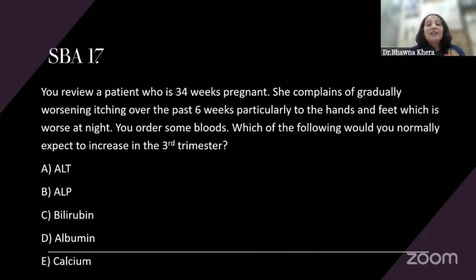But no, that's the trick here. If you read the question at the end, it is not about obstetric cholestasis or anything related to the scenario above. They are just asking, in normal physiology, what increases in the third trimester?